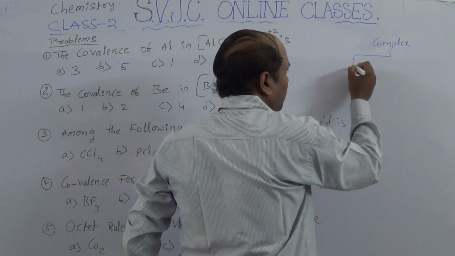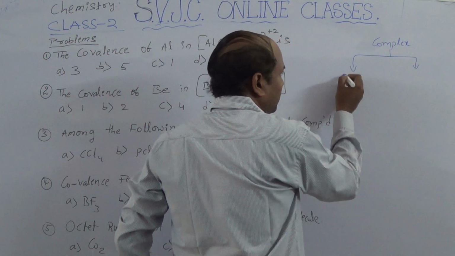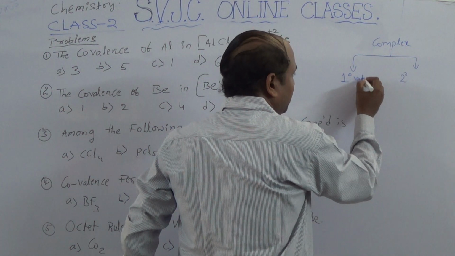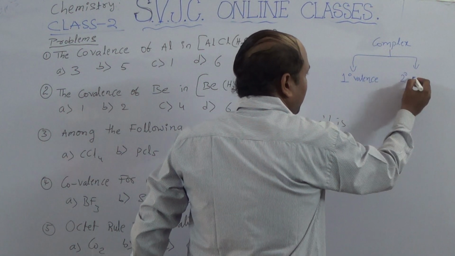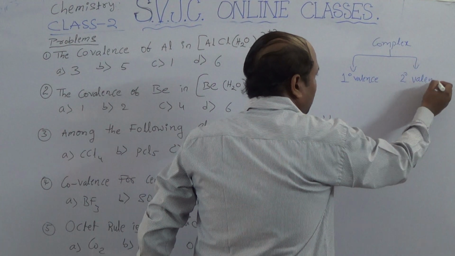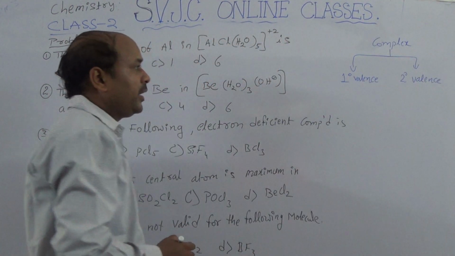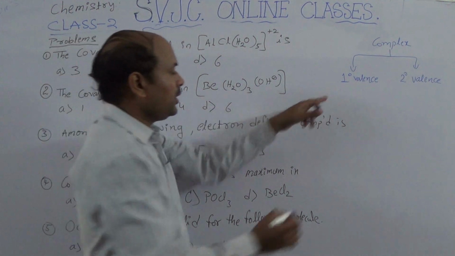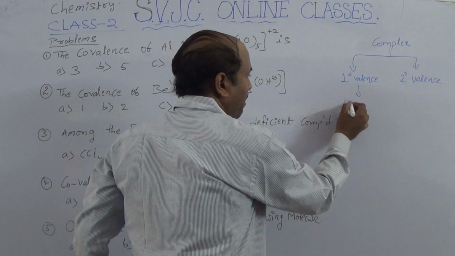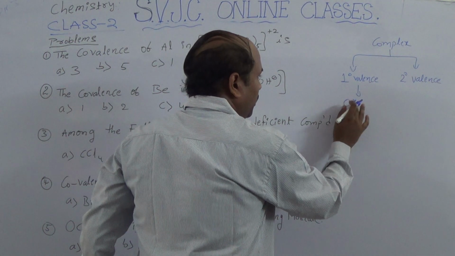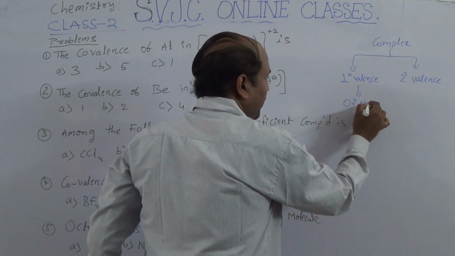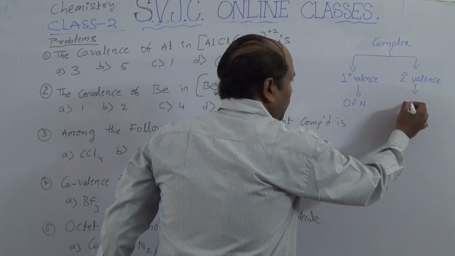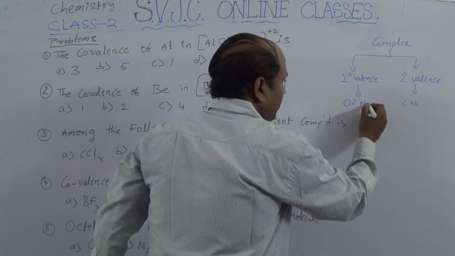Primary valency is the first degree, secondary valency the second degree. Primary valency is equal to oxidation number and secondary valency is equal to coordination number.